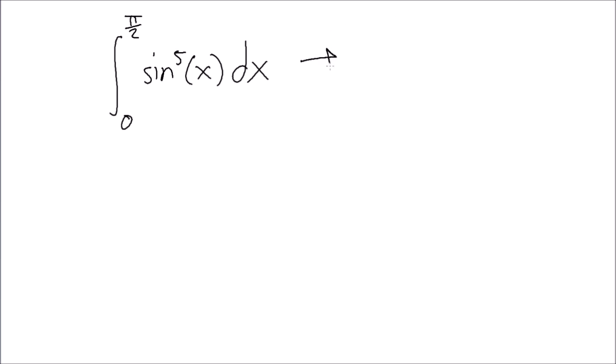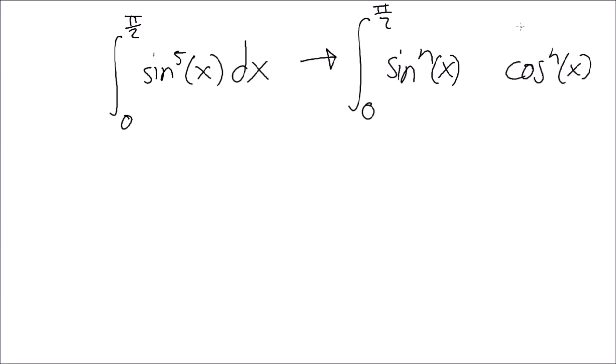And this works for all, it has to be from 0 to pi over 2, okay? From 0 to pi over 2, and it works for sine of x and cosine of x. It works for both of them, all right?